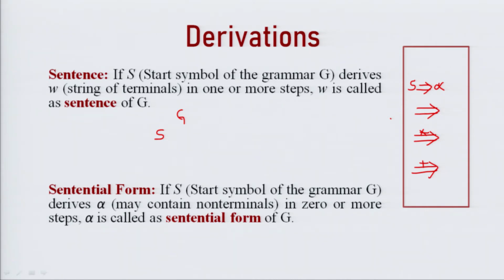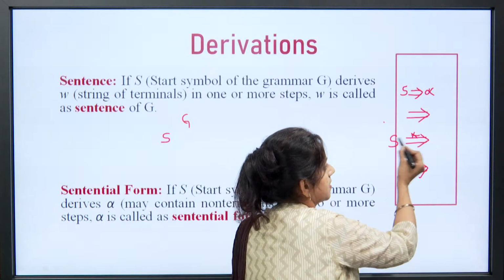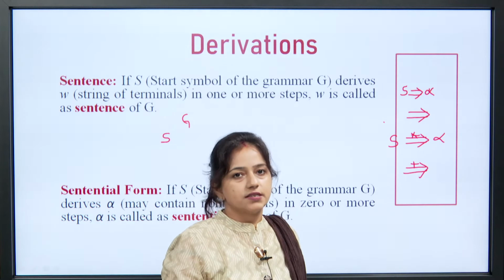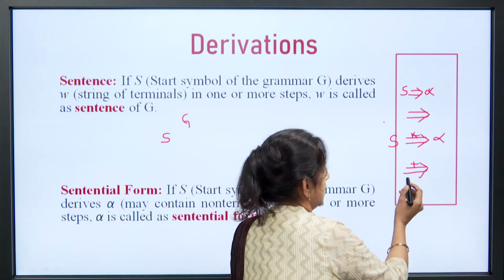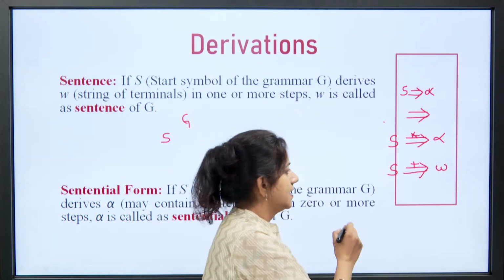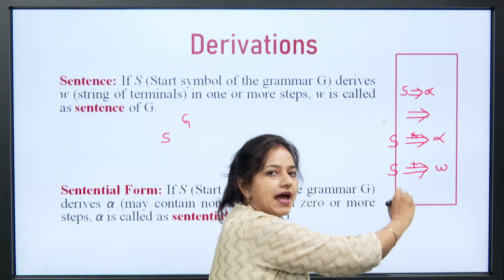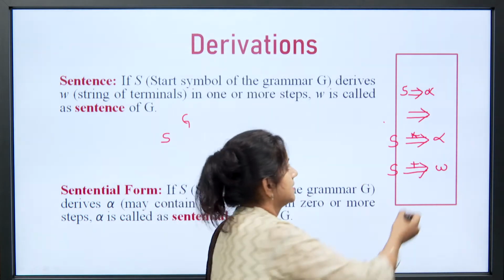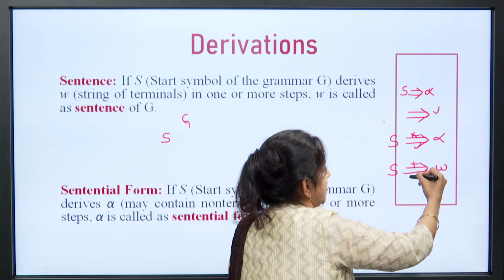The next means LHS derives RHS in 0 or more steps. The next, suppose S and W, means LHS derives RHS in 1 or more steps. So, these are the symbols that will be used.